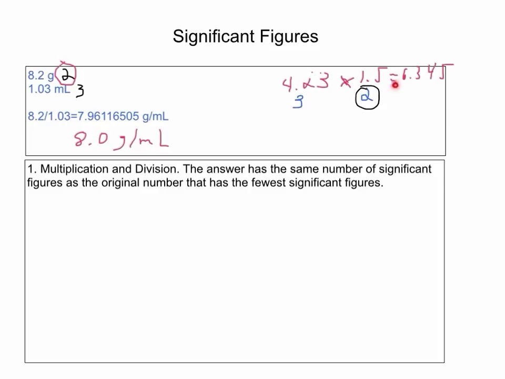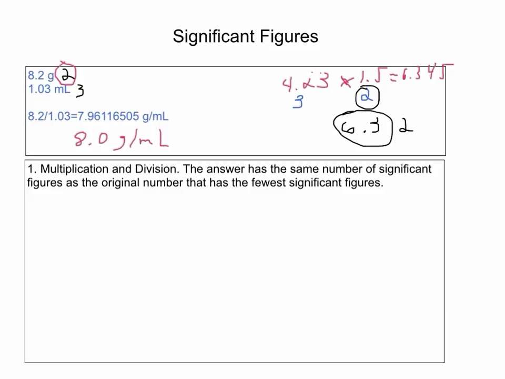So we count, here's our first significant figure, here's our second significant figure. We look at the one past that, it's a 4, meaning the number stays the same. And our answer is going to be 6.3, which has 2 significant figures.